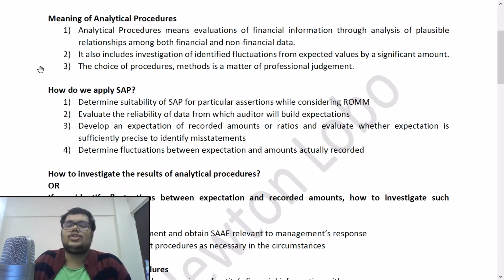Or non-financial data, like comparing the number of employees on the payroll this year to last year, which would help you identify if the payroll cost should rise or go down. The meaning of the term plausible is reasonable.